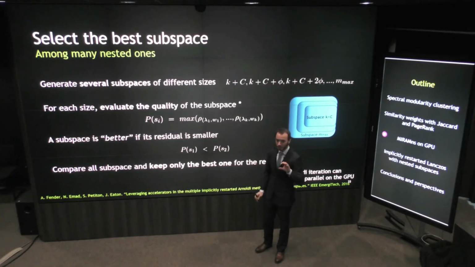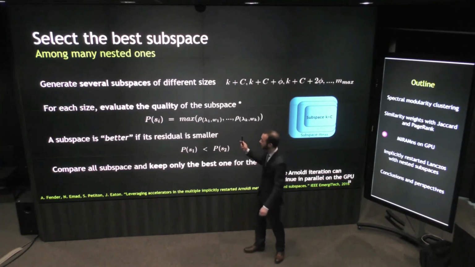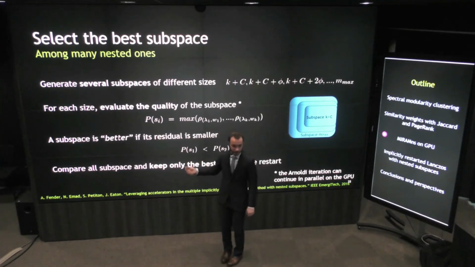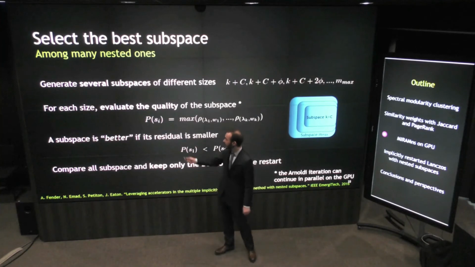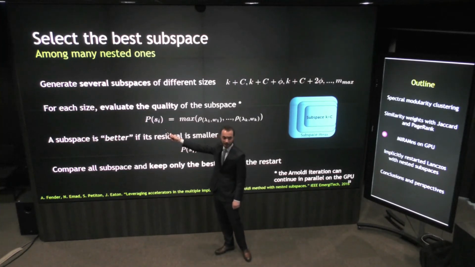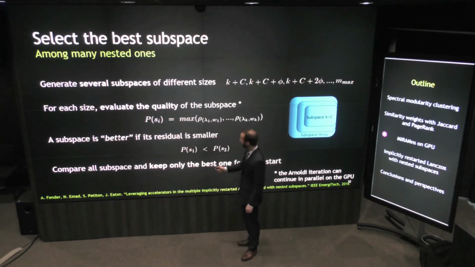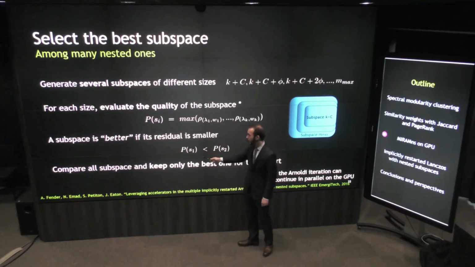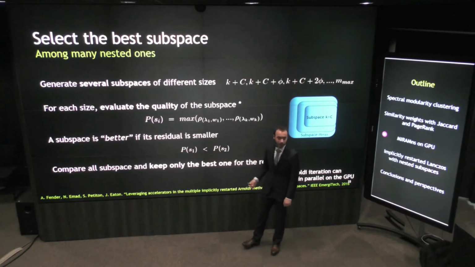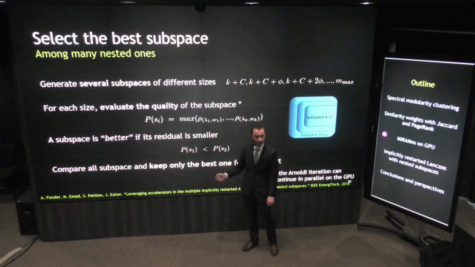So we take the poorest approximation of the eigenvectors. That gives us the score for the subspace. And then we have many subspaces. So those are the S_i. And then we just compare S1, S2, and so on. And here we take the smaller residual, which is the one that is better.